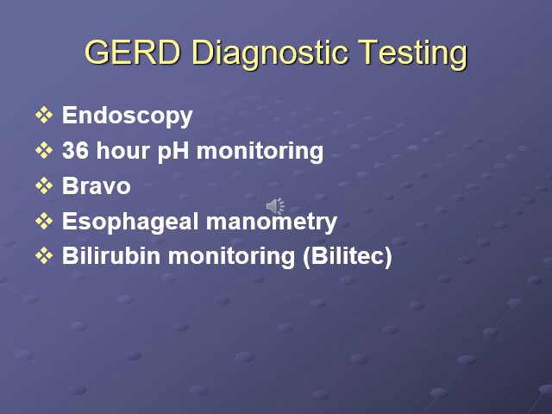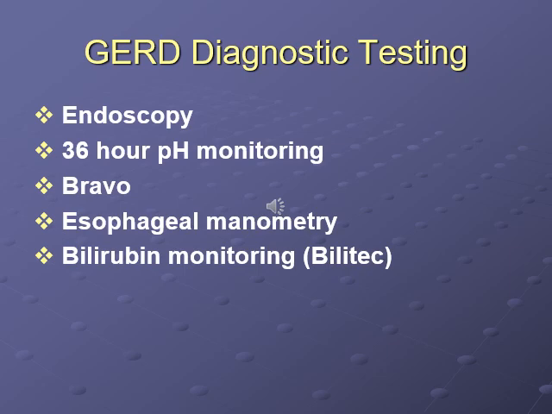Certainly, if they're having issues, they're not having good management with medications, the best thing that they can do is go in with a scope and see what things look like. Take a biopsy, make sure that there's not any cancer or anything else, and then go from there. But I just want to clarify that they don't have to do any of these diagnostic tests to start somebody on medications, because they start older people on anti-ulcer medications all the time without any testing per se.